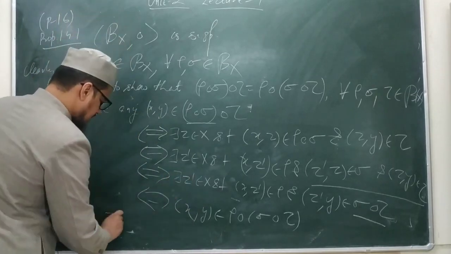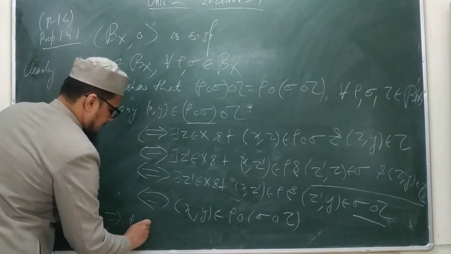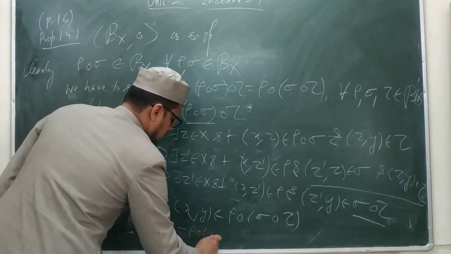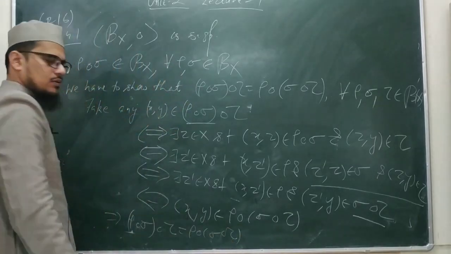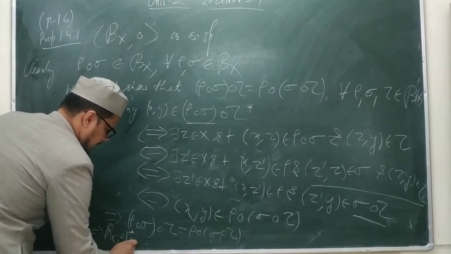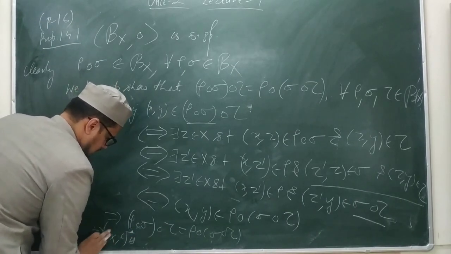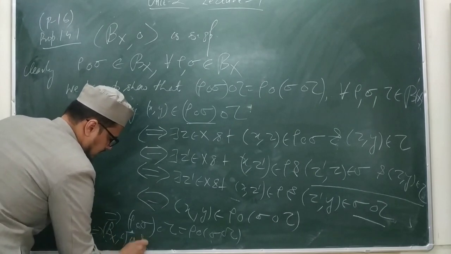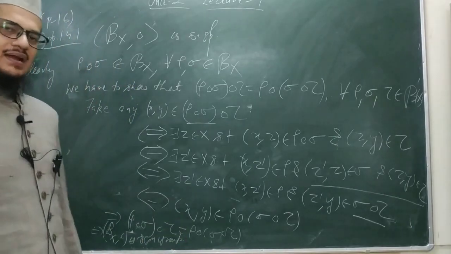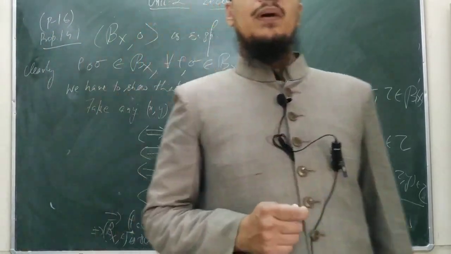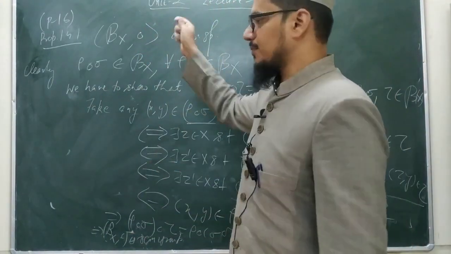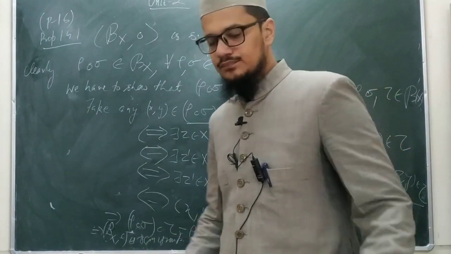So it is proved, which implies B_X is a semigroup. So finally we have proved that the set of all binary relations on a set X forms a semigroup with respect to the operation defined. Correct?